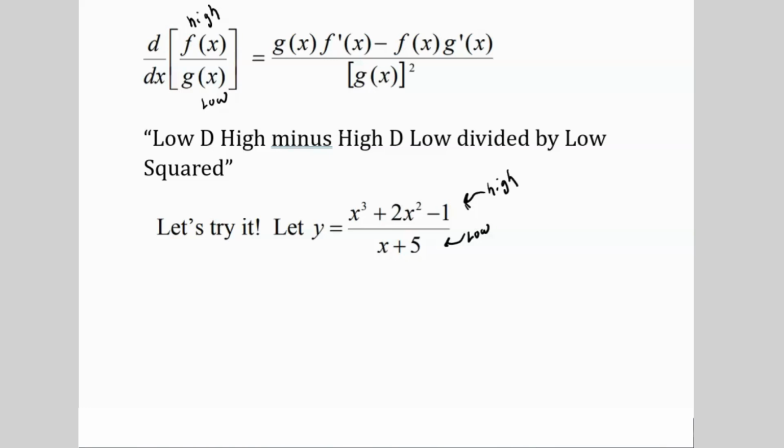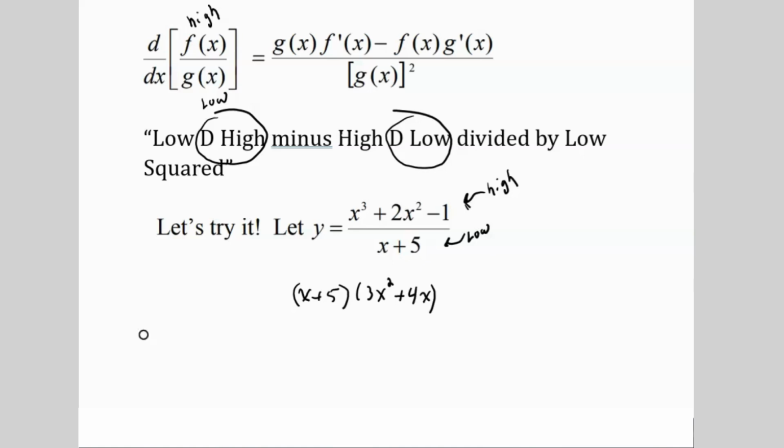When I say d high and d low, that means we're taking the derivative of those functions. It starts out, low d high, so low times d high. Well, d high is going to be the derivative of x cubed plus 2x squared minus 1, so that's going to be 3x squared plus 4x.